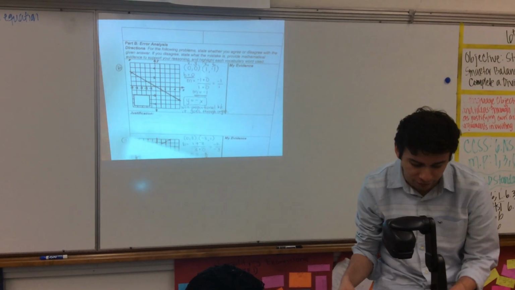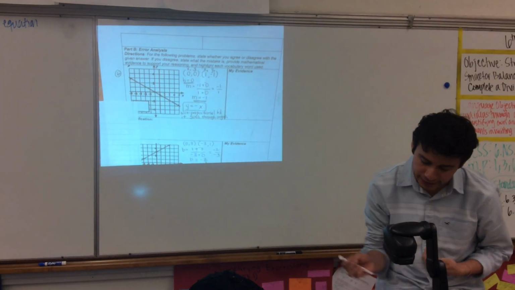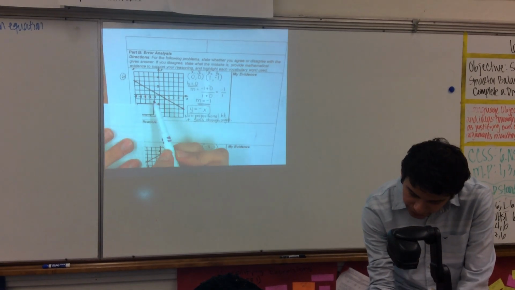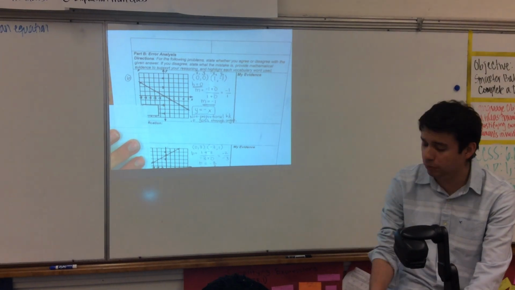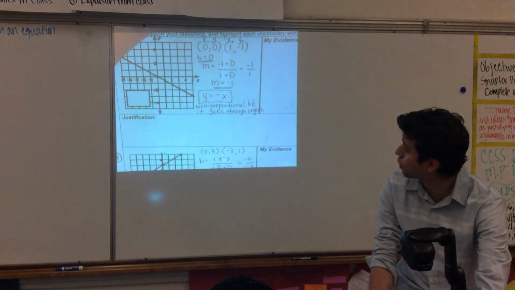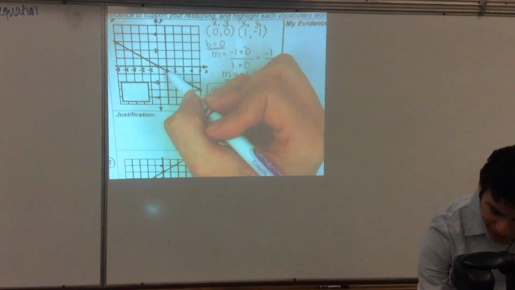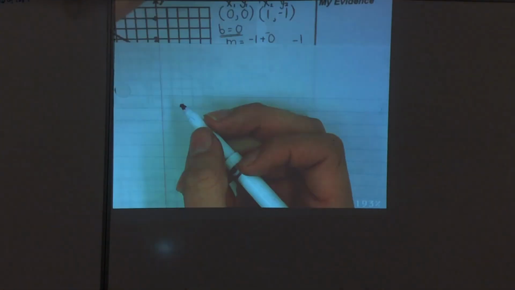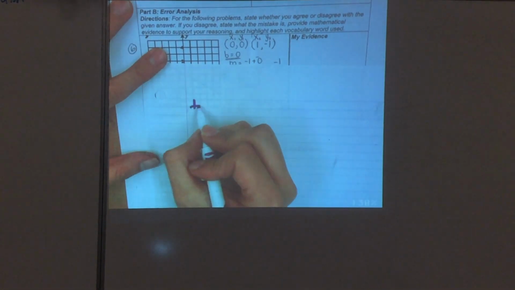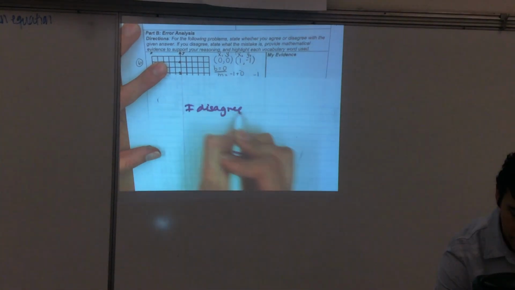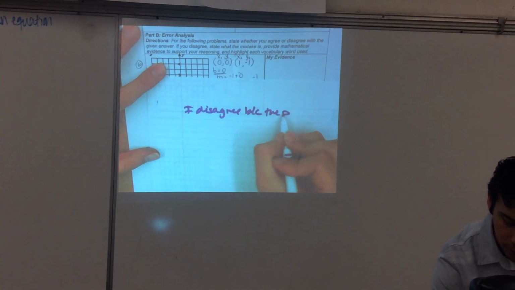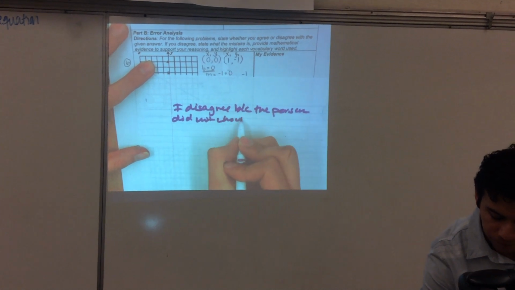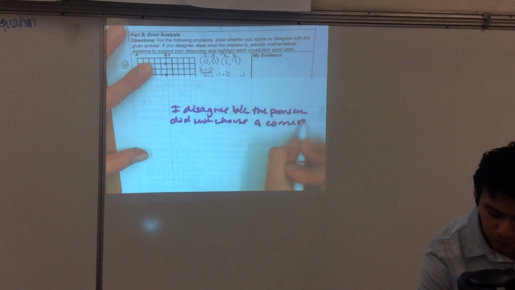So I could tell you straight out that the mistake for this one is this. One of the mistakes is that they did not pick a corner point. Look at what they picked. 0, 0 is a corner point, but 1, -1 is not a corner point. So your explanation could be, I disagree because the person did not choose a corner point.